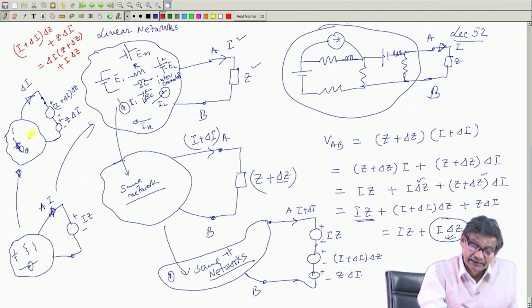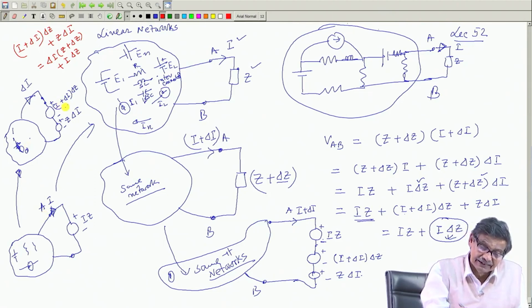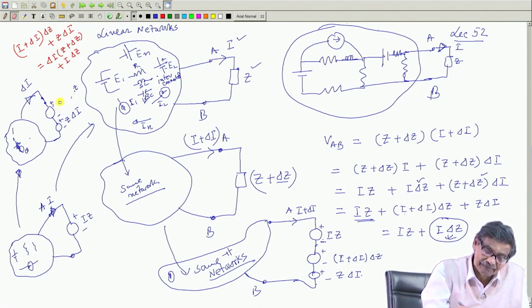Therefore, I will say that this thing can also be replaced by these two things. One is I into delta Z plus delta I into Z plus delta Z. Crucial step.